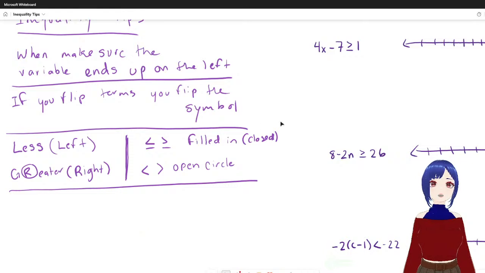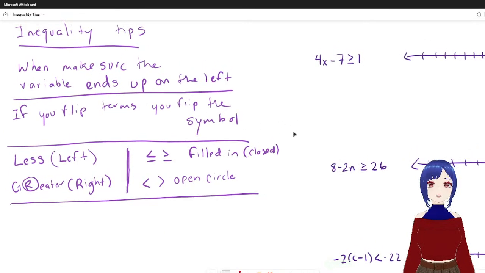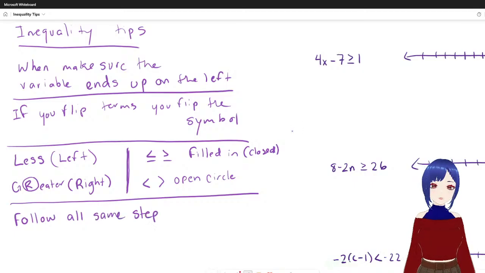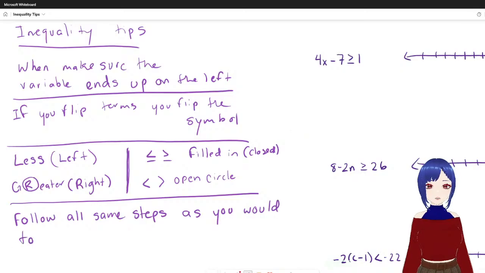So then the other thing that I have is that when you're solving, you follow all the same steps as you would to solve an equation.